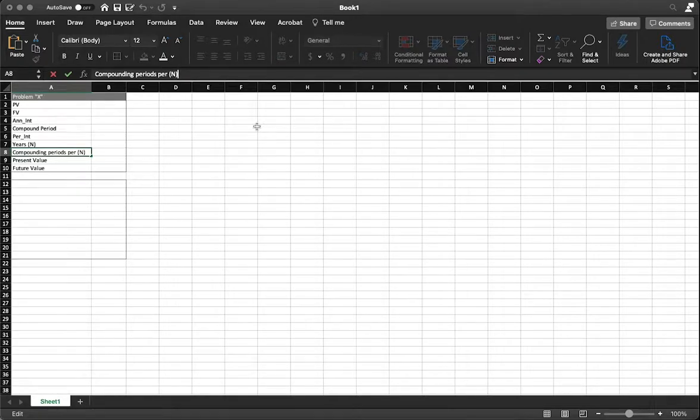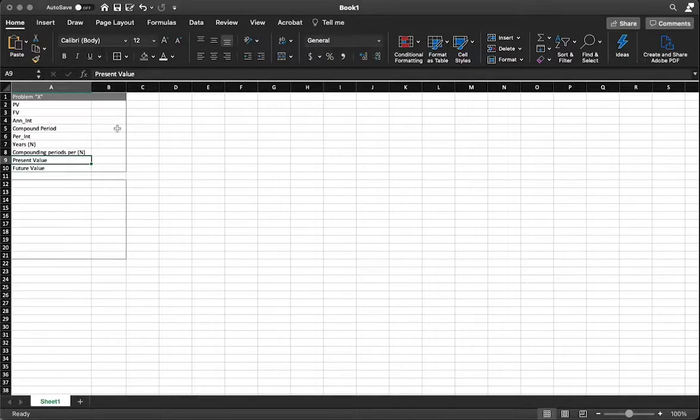That'll be the culmination. For example, if we have a 30-year mortgage and we're compounding monthly, that would be 30 years times 12. Okay, and so that's what the compounding periods per N would be. Okay, and then we're going to be figuring for present value and future value.